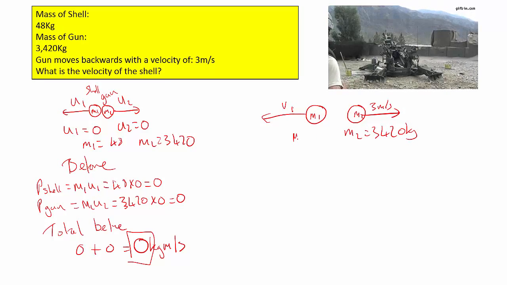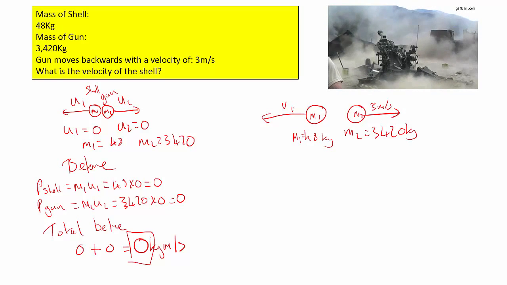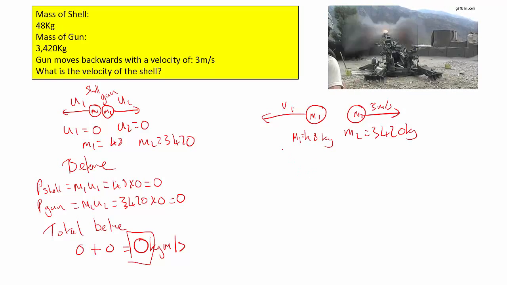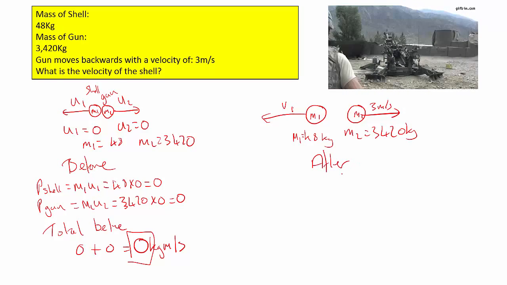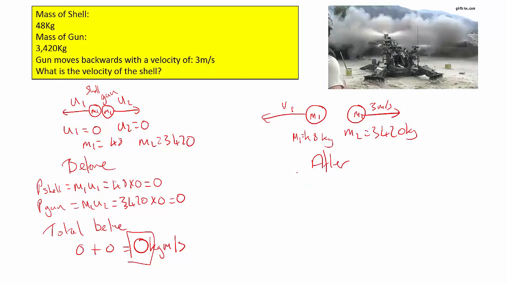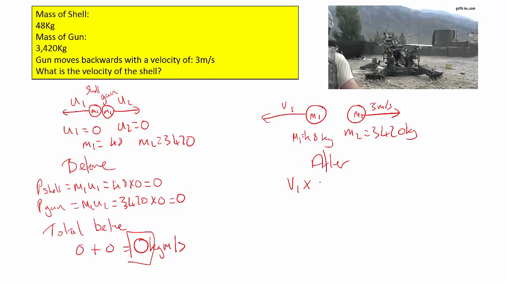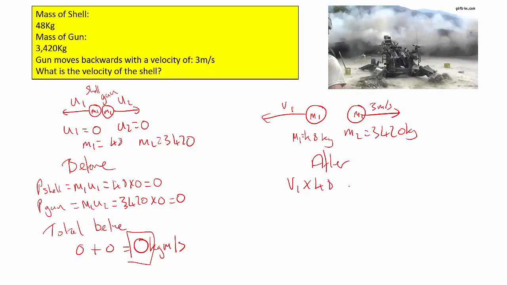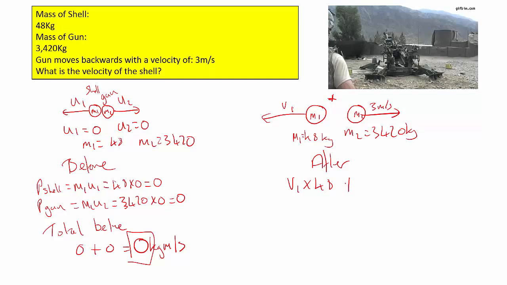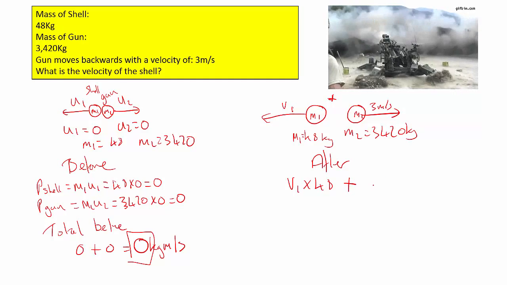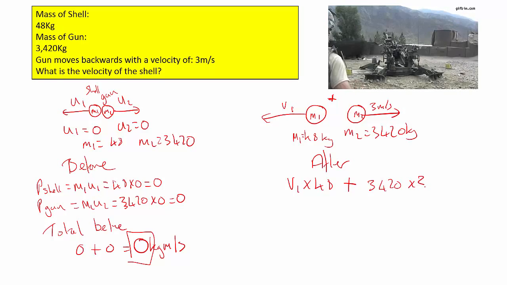This one was 48. So, total momentum afterwards is going to equal V1 times M1. We don't know V1 yet. We need to add the momentum of these two objects together, so we add that to M2, which is 3,420, times 3.